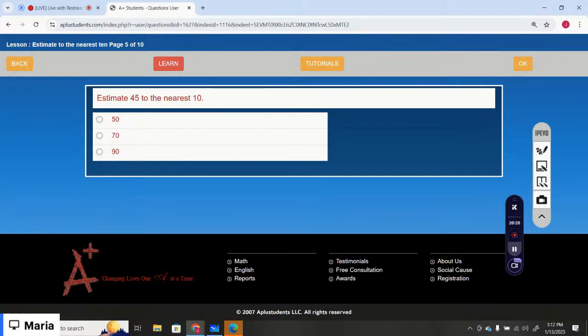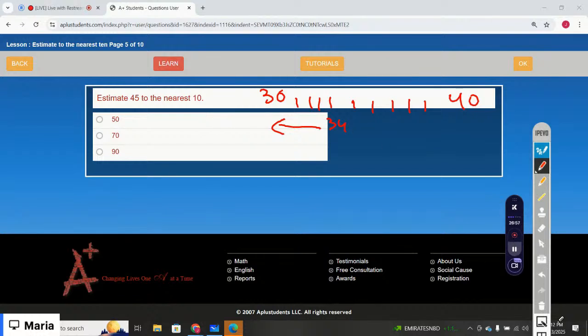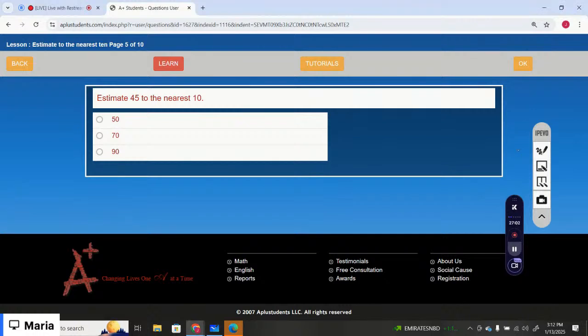So which is the correct option? The correct option is 50 because 45 is exactly midway between 40 and 50, right? So the correct option is option number 1. That is 50.